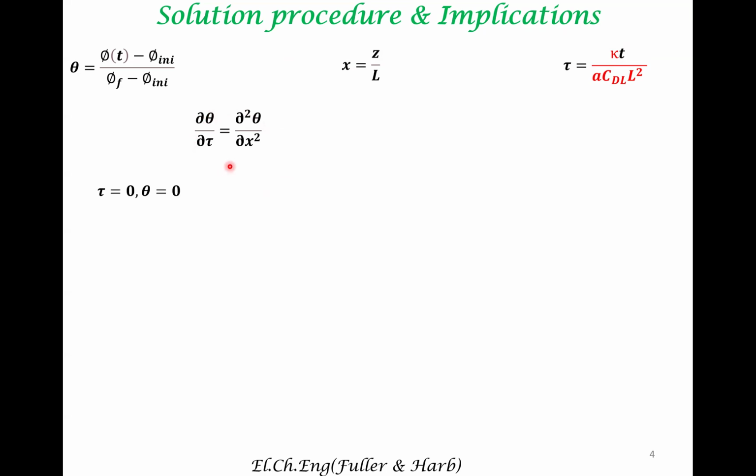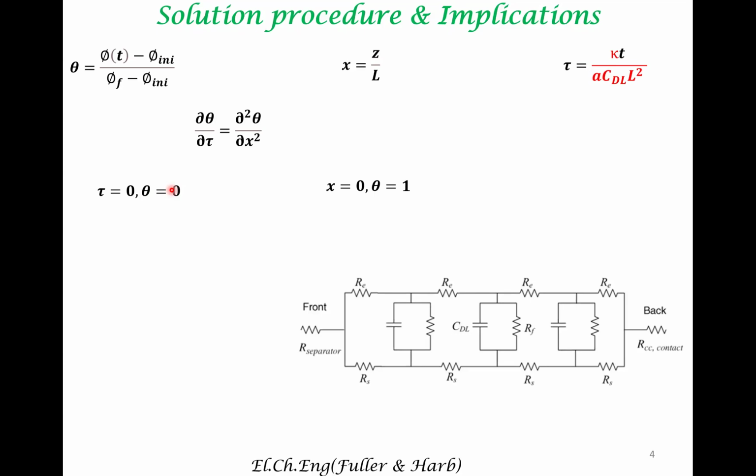And to solve the partial differential equation, we need to have the initial and two boundary conditions. The initial condition, that is at tau equal to 0, is straightforward. This would be phi i, phi initial, therefore theta will be 0. Let's look at the boundary condition. So x equal to 0 refers to this condition.